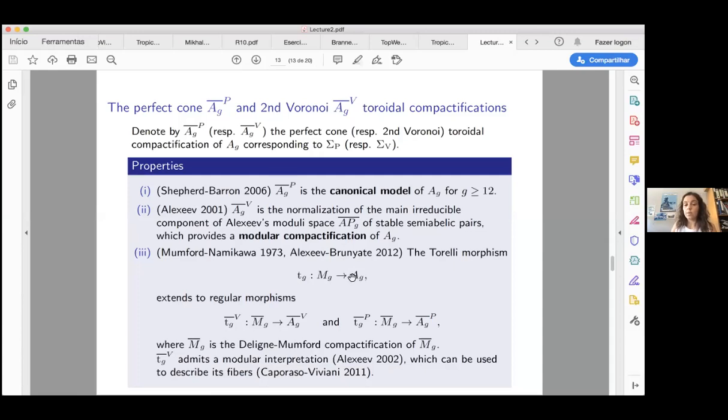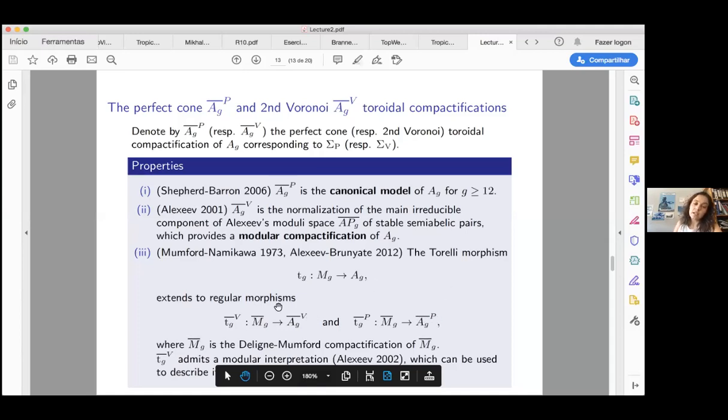So for the compactification, it's clear that it could not be injective. It will be clear for us in a moment. But of course it's interesting to understand which kind of nodal curves might have the same image in Ag bar V or Ag bar P.